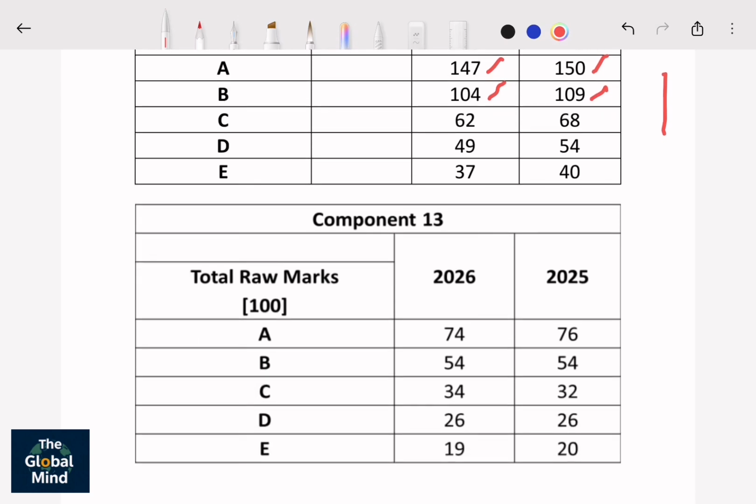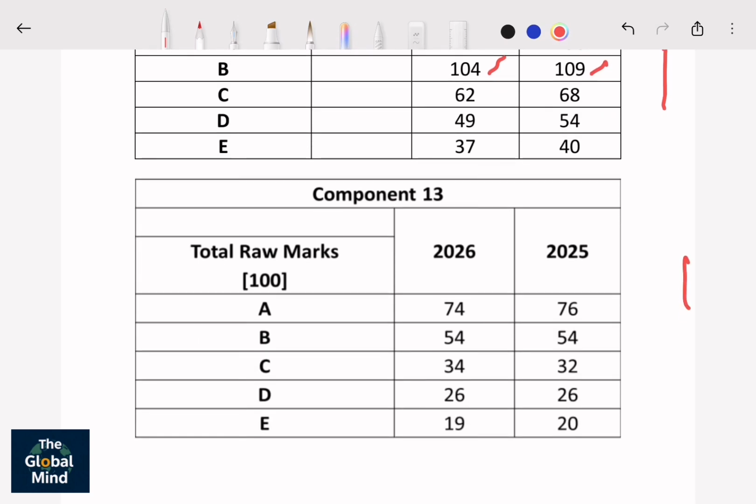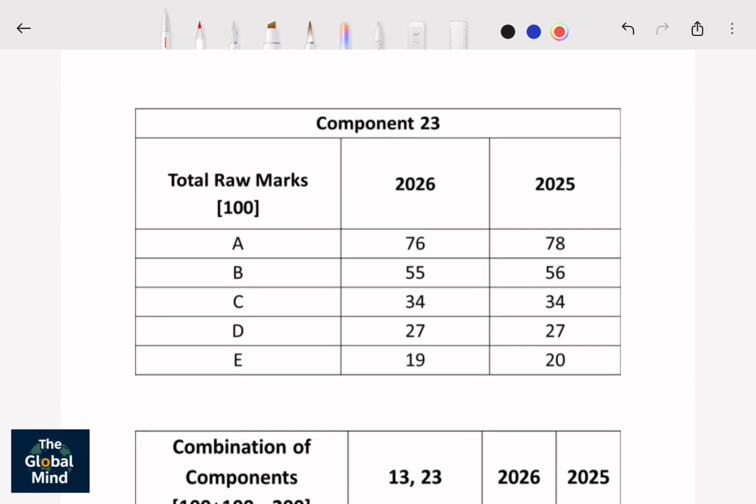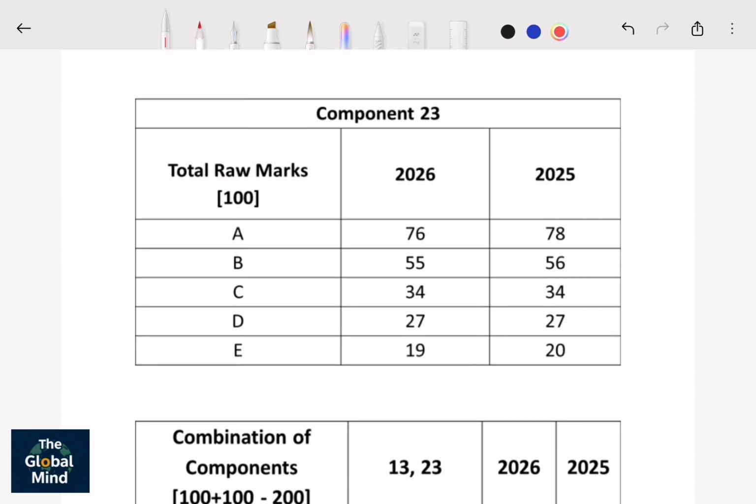And this is component 1 3. So the same pattern is basically going on. This is 74, and so 2 mark difference, 54 same, and 2 marks and same, and 1 mark. This is component 2 3, so we don't need to go into that because the same trends are over here, 76, 78.